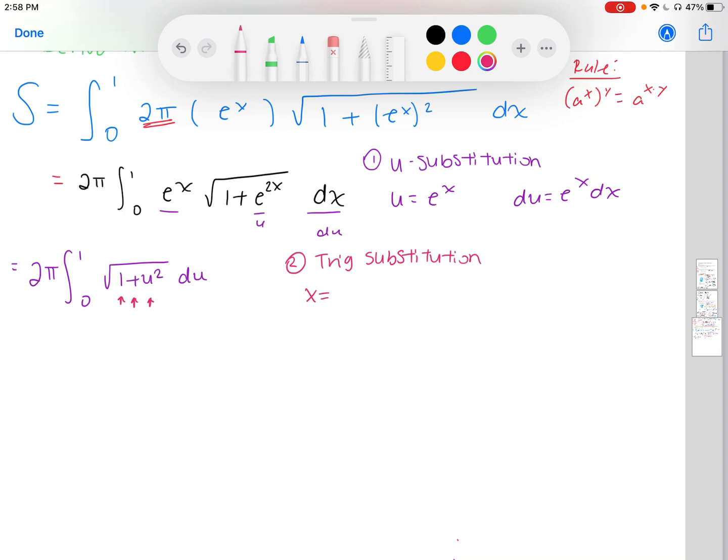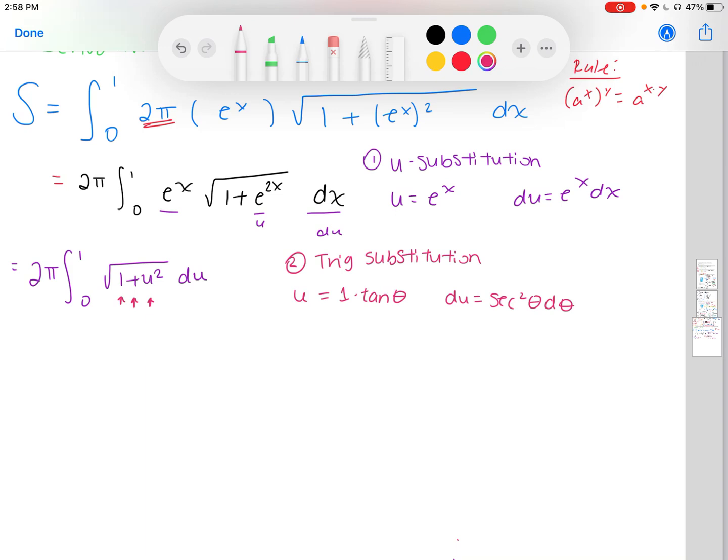In this case, our constant is 1, so it'll just be tangent theta. And I already made a mistake. We're not working with x, we're working with u. So we're going to let u be tangent theta. Therefore, our derivative will be secant squared theta d theta.